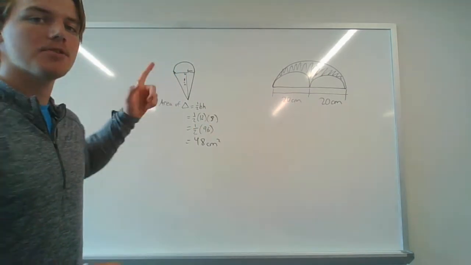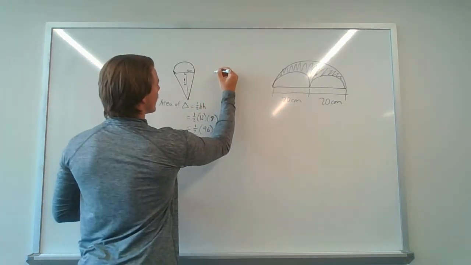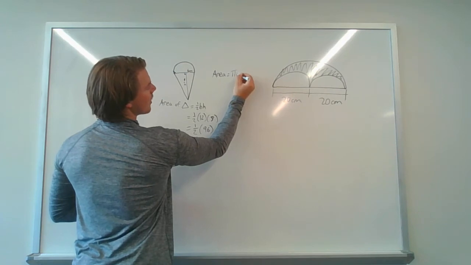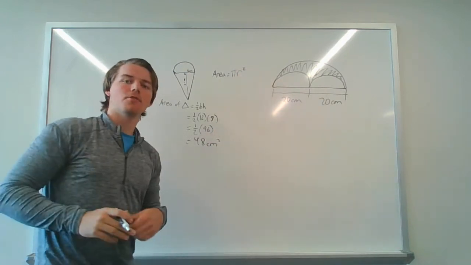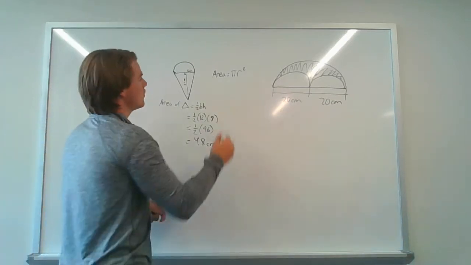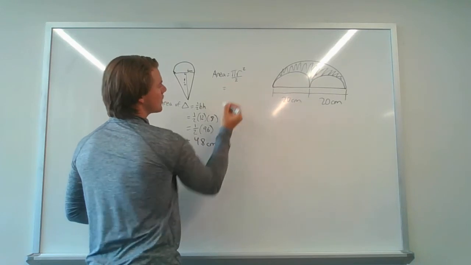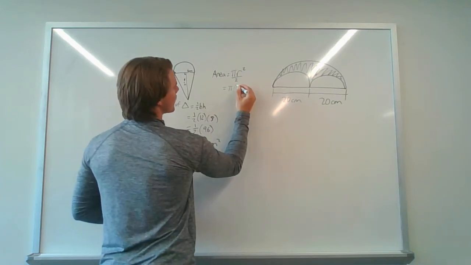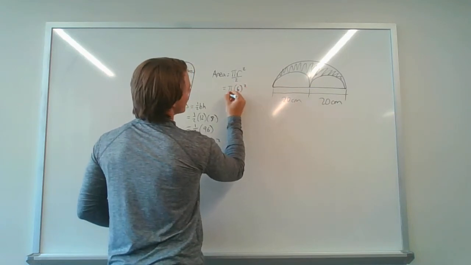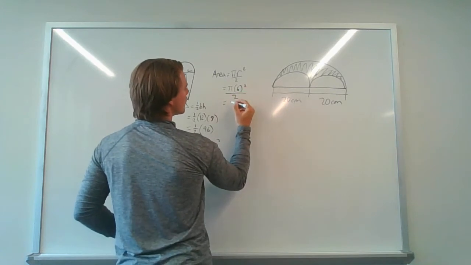Now, for the semicircle portion, the area of a circle is equal to pi r squared, for a whole circle. However, this is half a circle, so we're going to divide that by 2. So we've got pi times the radius, 6 centimeters, 6 squared, all divided by 2, which we plug and chug.